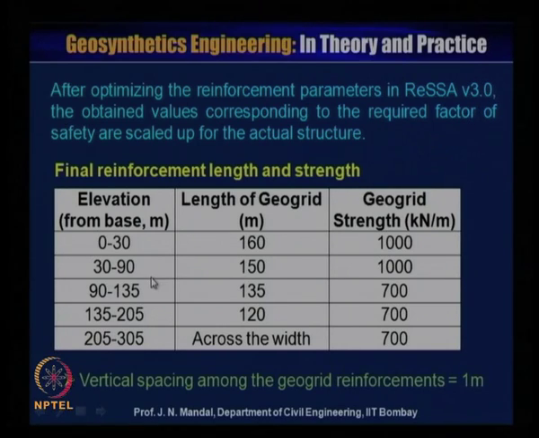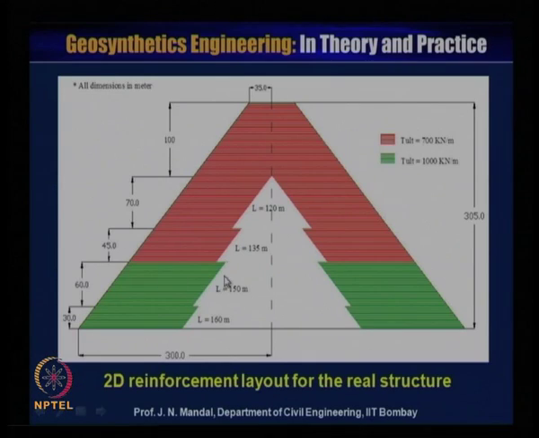Now, again from 90 to 135, in this zone the length of the geogrid is 135 meter, but the ultimate tensile strength of the geogrid is 700 kilonewton per meter.